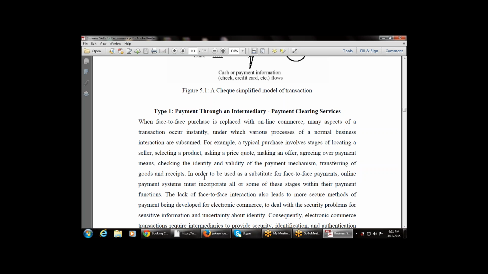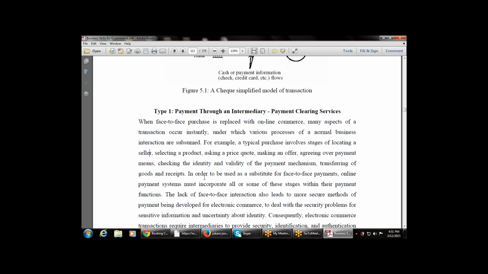In order to be used as a substitute for face-to-face payments, online payments must incorporate all or some of these stages within their payment functions.